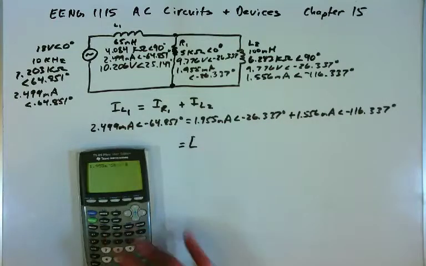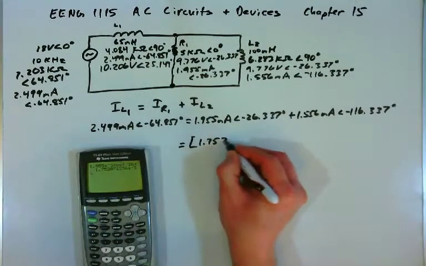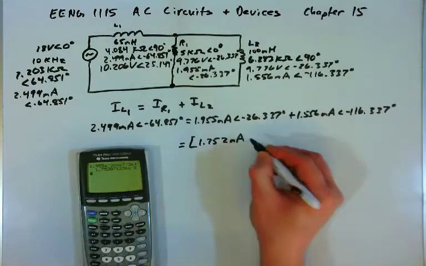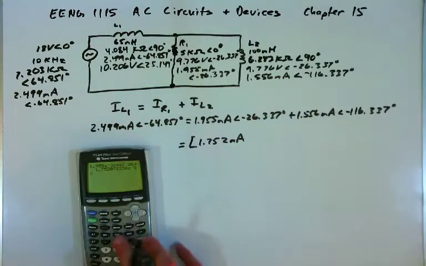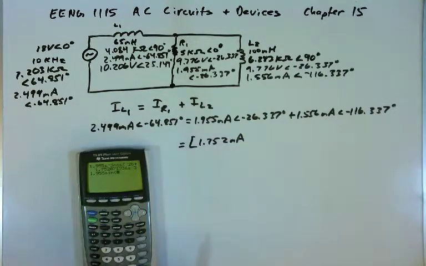We're going to multiply by the cosine of negative 26.337 degrees. The x coordinate is 1.752 milliamps. The y coordinate will be 1.955 times the sine of the angle, so this times the sine of negative 26.337 degrees.